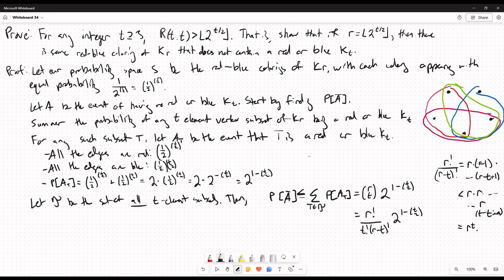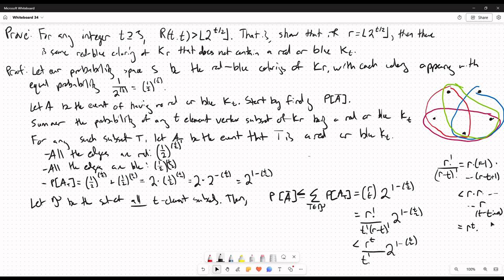Because if I'm allowed repetition, I could just choose not to repeat things. So that's a nice combinatorial justification for that inequality. We'll go ahead and use it here and turn that into R to the T over T factorial, not R minus T factorial, just T factorial, times 2 to the power of 1 minus t choose 2.